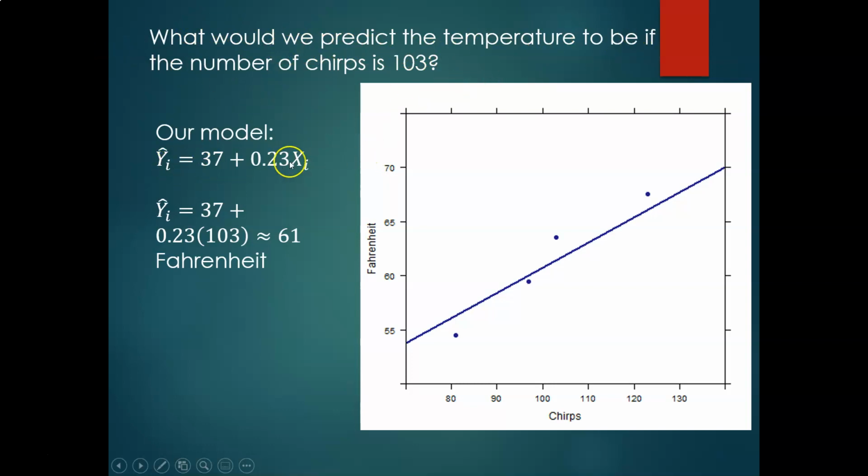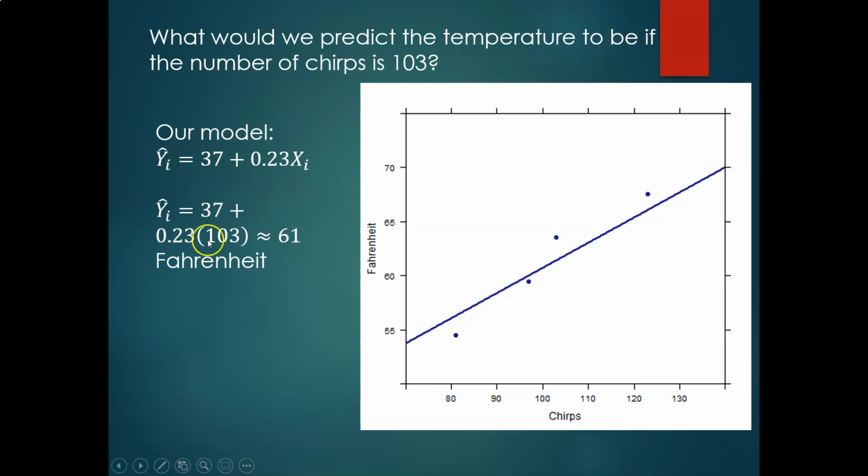So here's our model, just like it has been before. We've abbreviated it a little bit, rounded down actually. Remember that the intercept never changes, so we always start with that same intercept. But we're going to take our coefficient and feed in our x value, which in this case is 103. So 103 times 0.23, because each time x goes up by 1, we multiply.